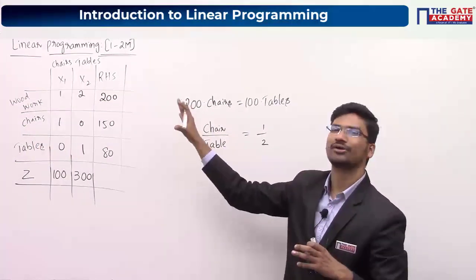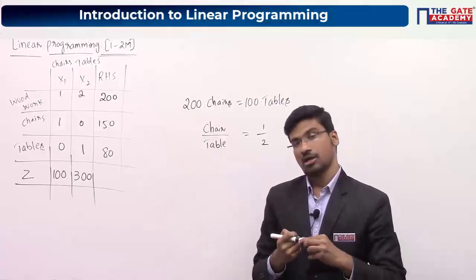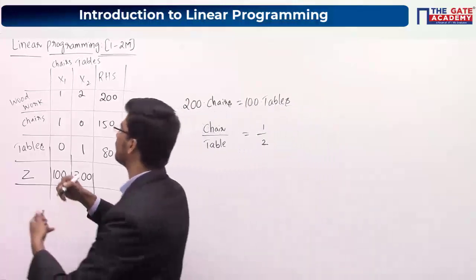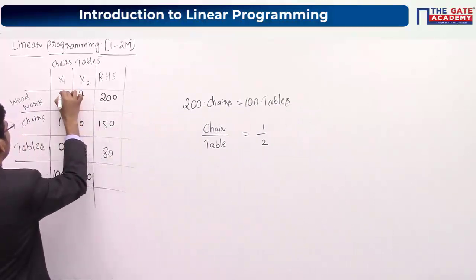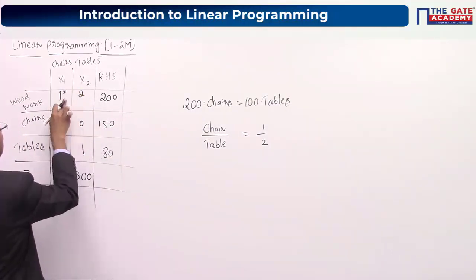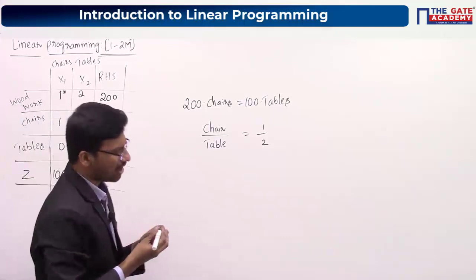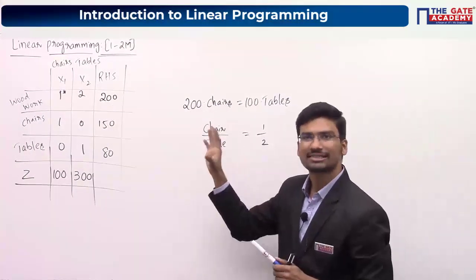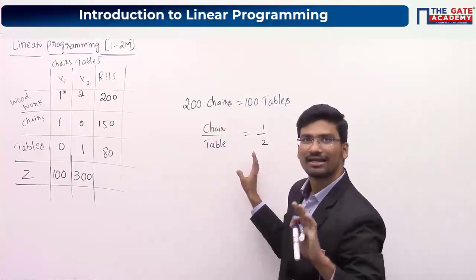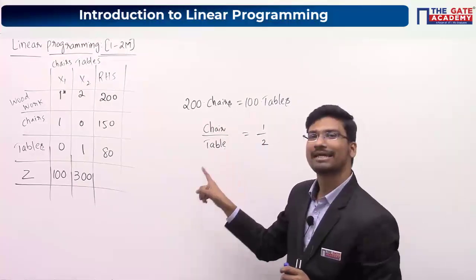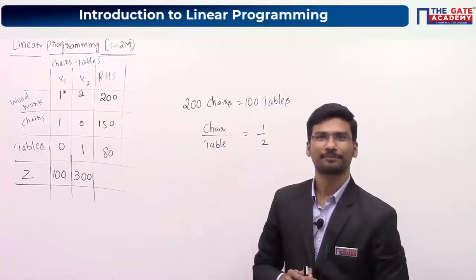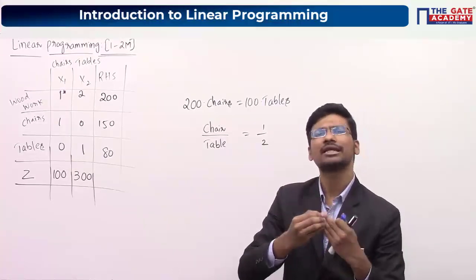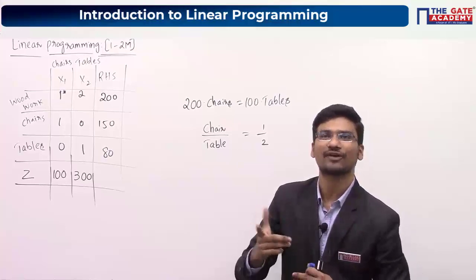So this is how you have to write a constraint. Now again listen carefully, you might have got a doubt. We have taken the reference as chairs, or else you can take the reference as tables also. Now, if I am taking 1 hour to manufacture a table, how many number of hours will be there in my hand for manufacturing?